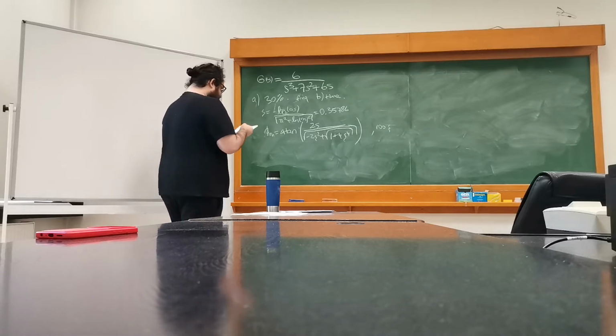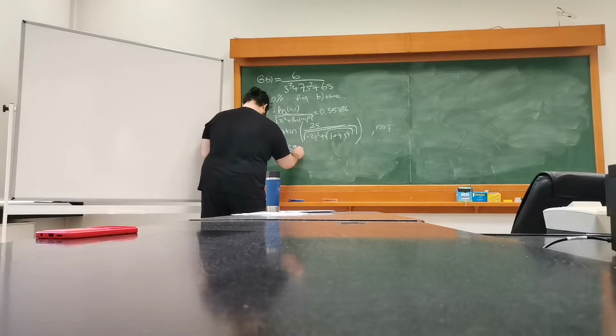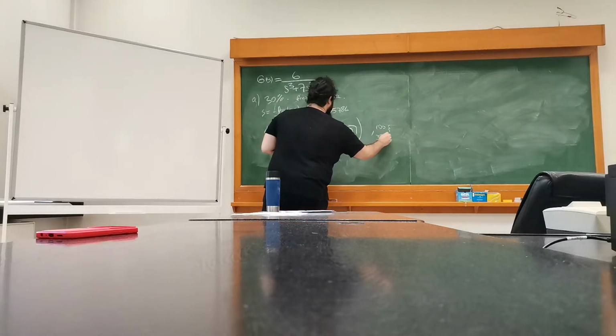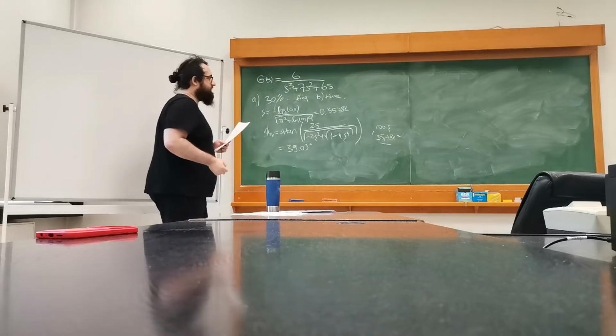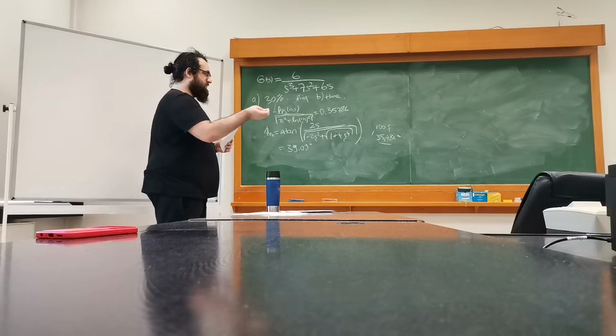It doesn't really matter, because if you use this relation, the phase margin here is 39.09 degrees. If we would have used the other, it would be 35.786 degrees. So there's not that much difference between them. If you don't want to bother with that, you can just use 100 times zeta.